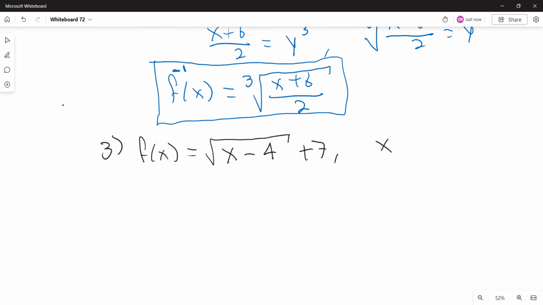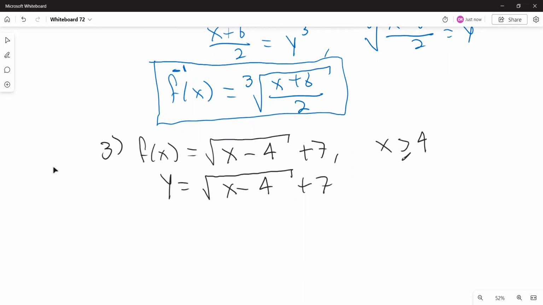So we know that x minus 4 cannot be a negative number. So we have the restriction that x is greater than or equal to 4. Or what is the same, y is the square root of x minus 4 plus 7.